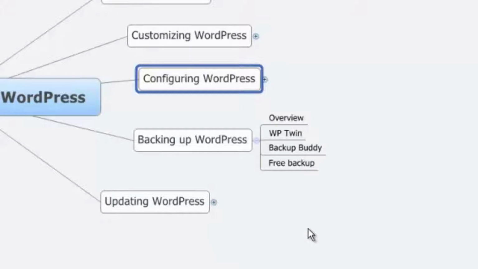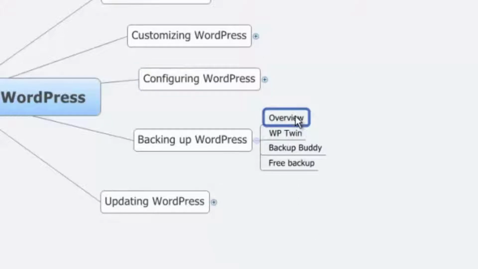So it's very important that you not rely on your web host for a backup, because typically your web host backs up your files. They don't back up your database. So a WordPress website with files and not a database is pretty useless. So that's the overview. Next up, we're going to talk about WP Twin.